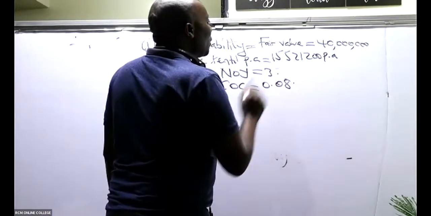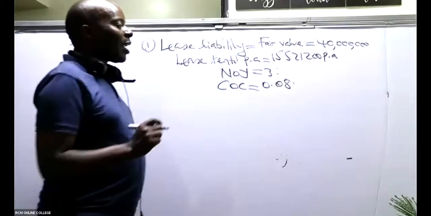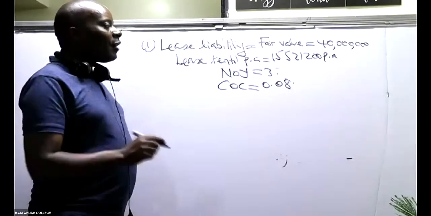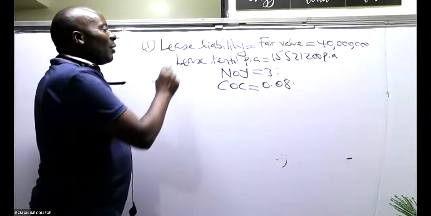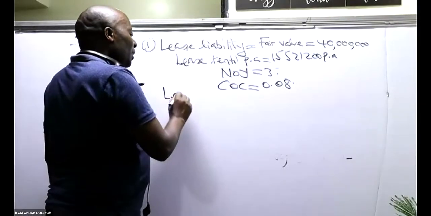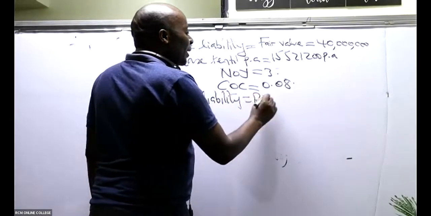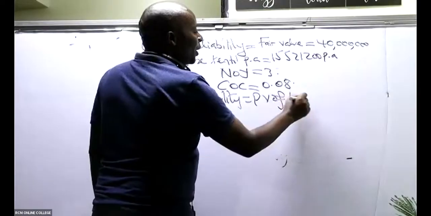So I would want us in this case to assume that the fair value was not given. If the fair value was not given, I would have gotten this lease liability by taking the present value of lease rentals.